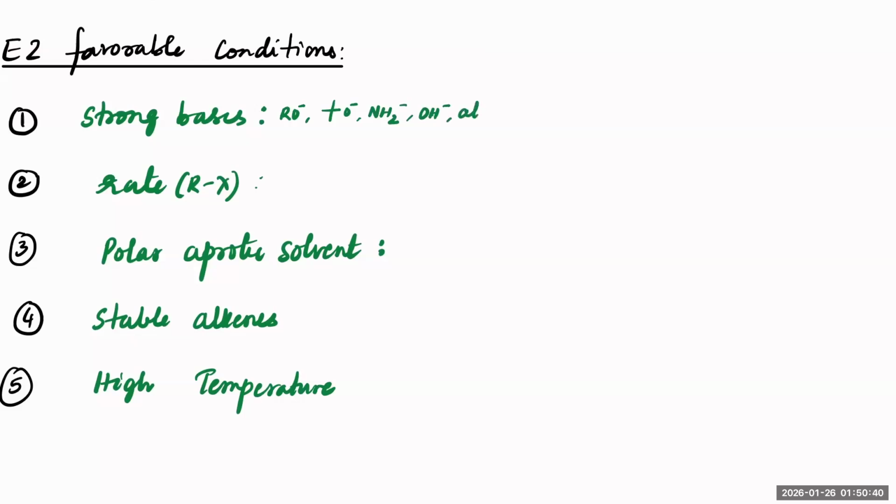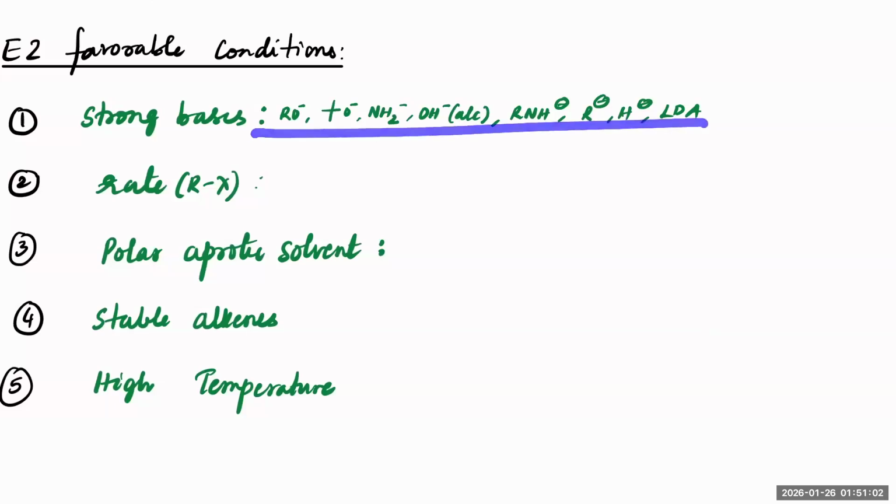Sorry, not always. I mean, in certain cases, which is alcoholic OH minus. RNH minus, always E2. R minus E2 and H minus E2. If you notice, LDA generally gives E2. So yes, these are more or less the cases which will go for E2 mechanism.